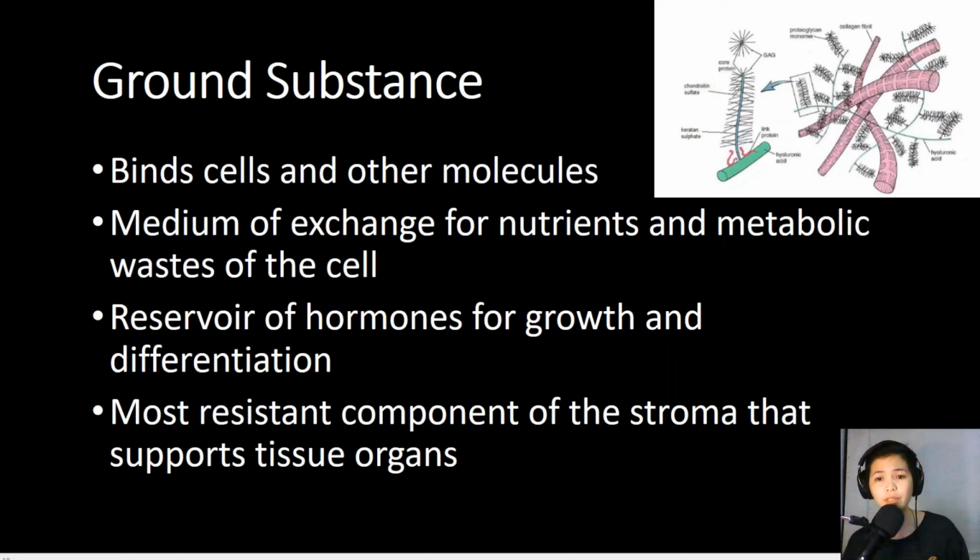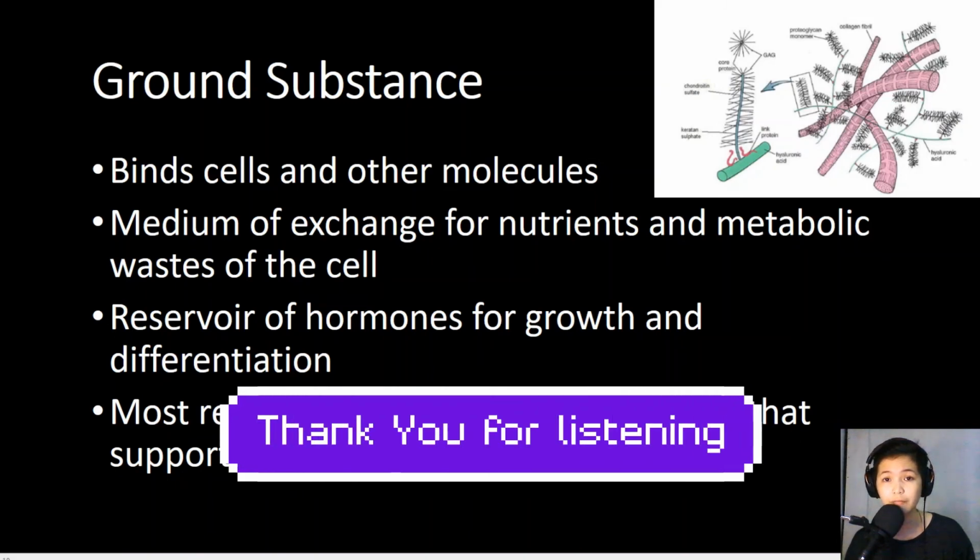And this will be the most resistant component for the stroma that supports the tissue organs. So the main fiber that we can see here are the elastic fibers.